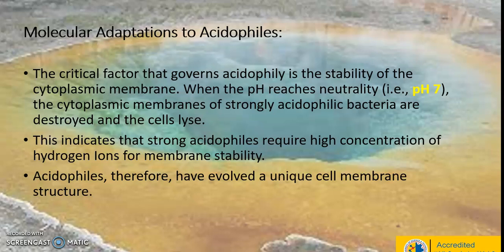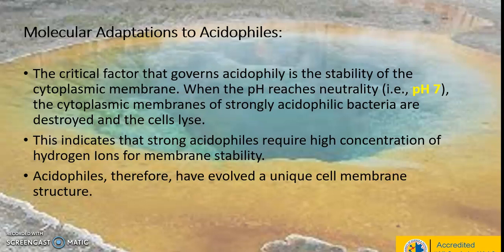There must be some molecular mechanism, some molecular metabolism, by which they are able to adapt to such environments, reproduce, and increase their population, and sustain their genome system and cytoplasmic system. Everything they have to maintain through these molecular adaptations. So we should know some molecular adaptations of acidophiles.